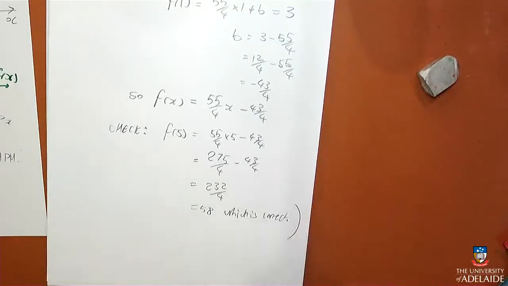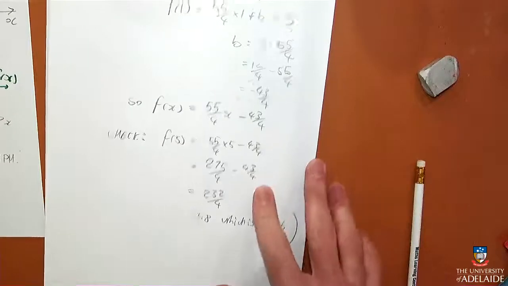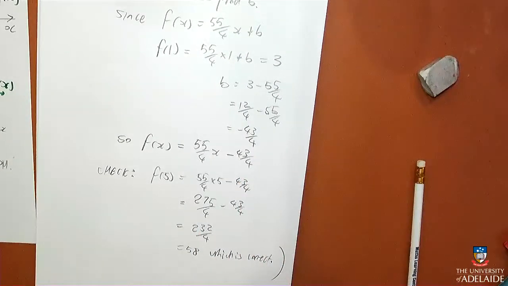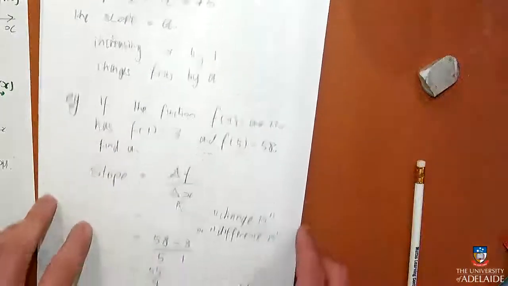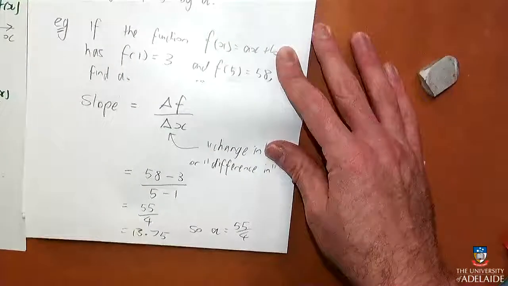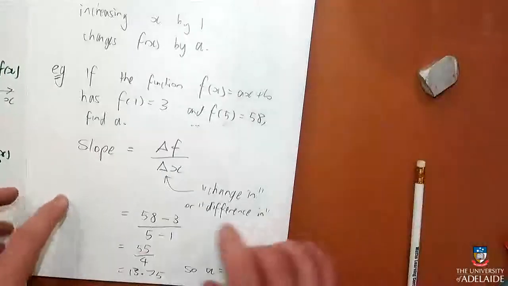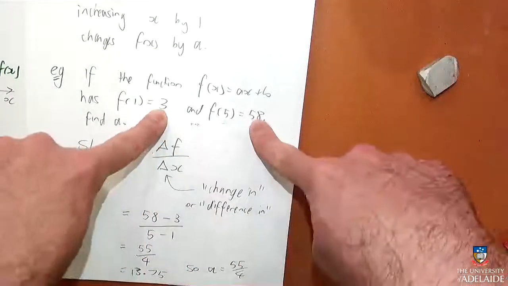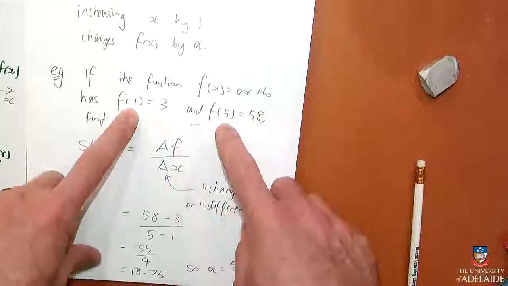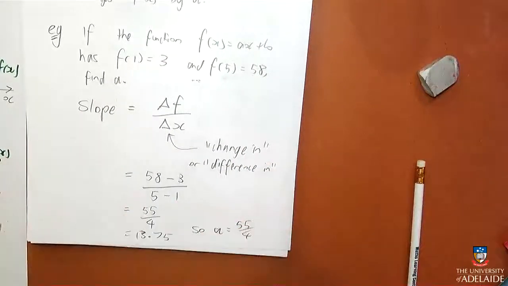Now, it wasn't actually necessary for me to do that. I just wanted to show you that it was possible to actually figure out the other one. The important bit for this story that we're telling today is this part here, where based on the fact that this y moves by 55 and the x moved by 4, I can divide them to figure out what the a must be.